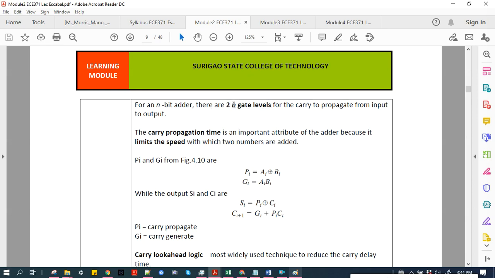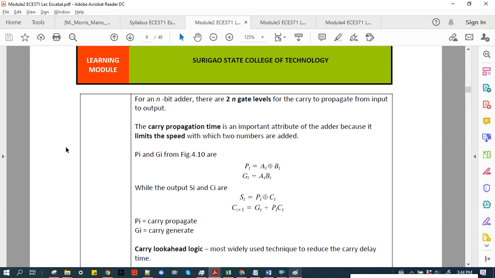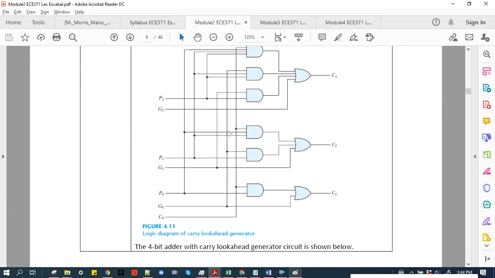If we're trying to add 10 bits and we don't use the carry look ahead generator, we will have 2 times 10, so 20 gate level delays. But if we use the carry look ahead generator, we will only have 4 logic gate delays. So 20 versus 4 gate delays is a really great improvement.